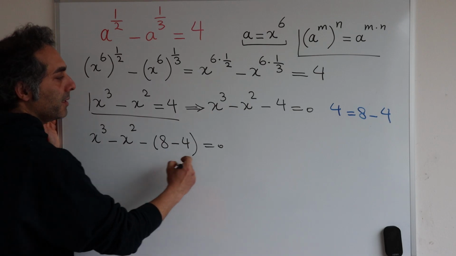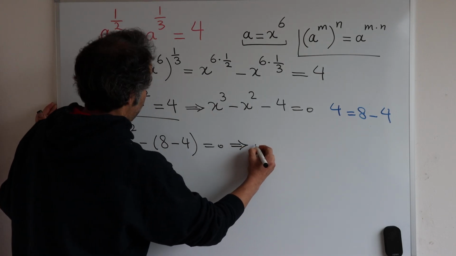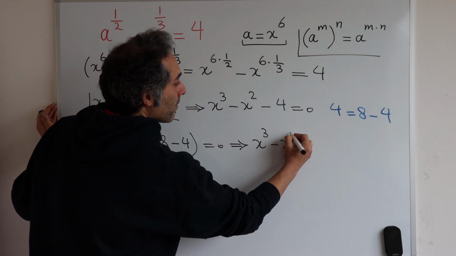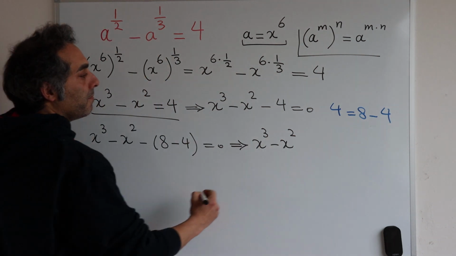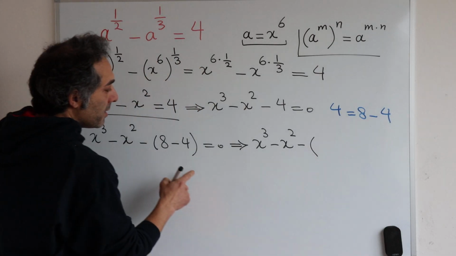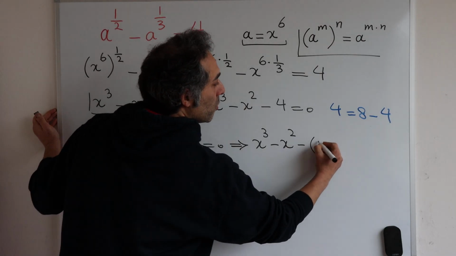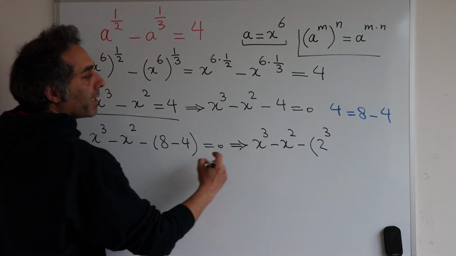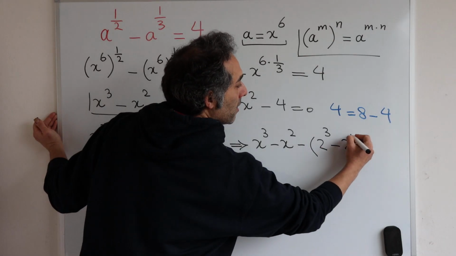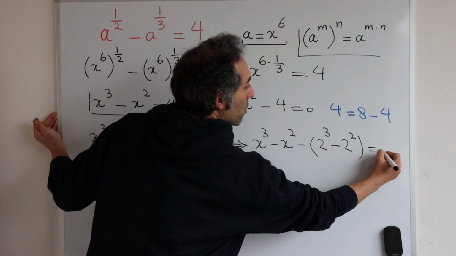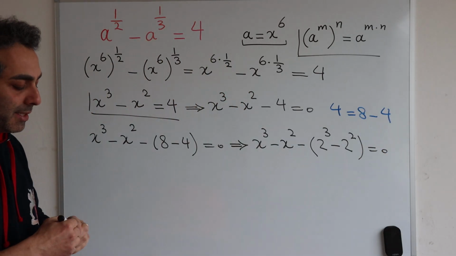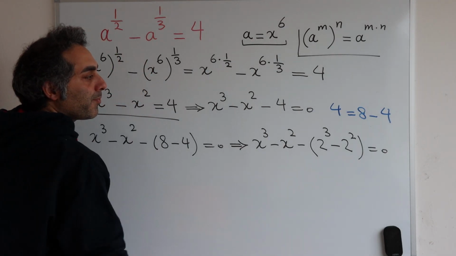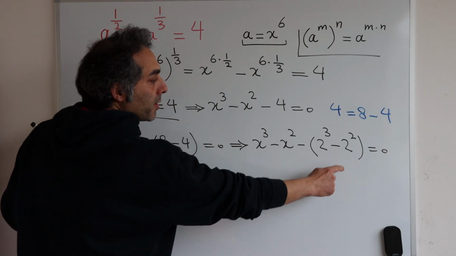Instead of 8, I can write first these terms minus, instead of 8, I can write 2 cubed, and instead of 4, I can write 2 squared equals 0. Now you can see x cubed is similar to 2 cubed and x squared like 2 squared.